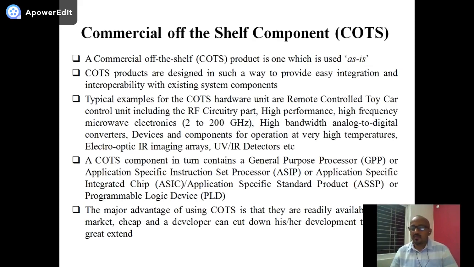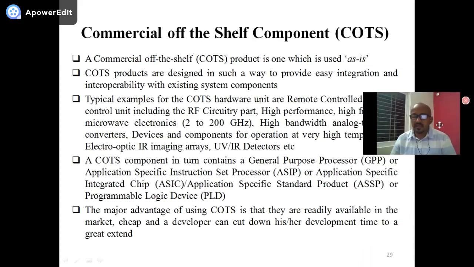The COTS internally may have a general purpose processor, an application specific instruction processor, an ASIC, or even sometimes a PLD. The major advantage of COTS is that they are readily available and very cheap. You need not build those for your project or embedded system.